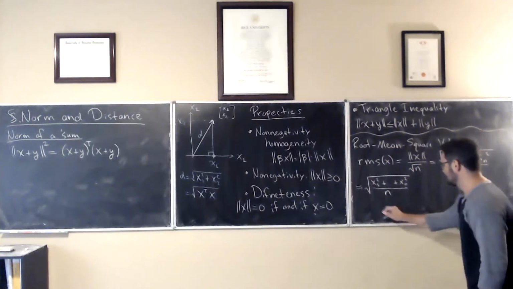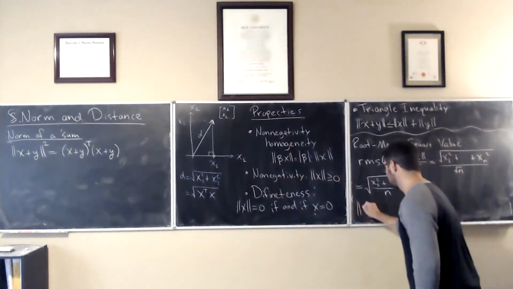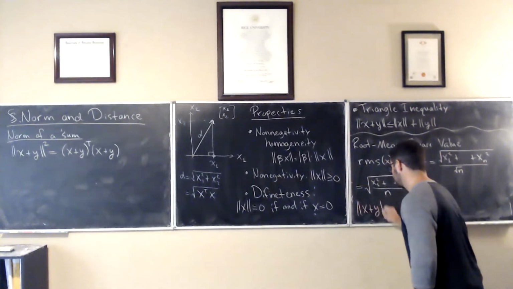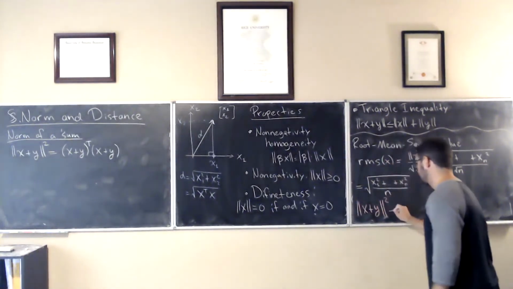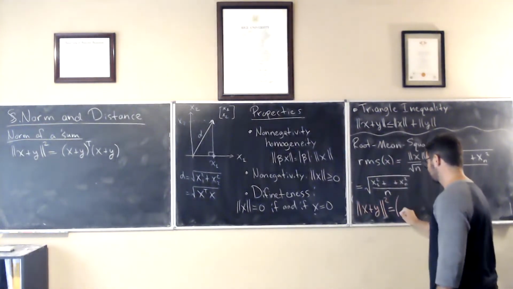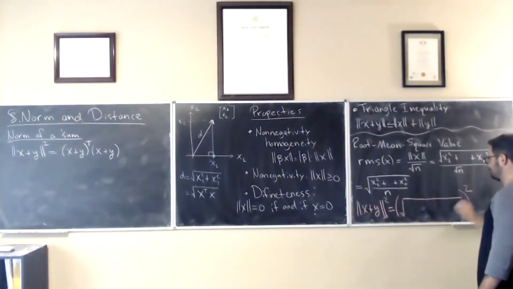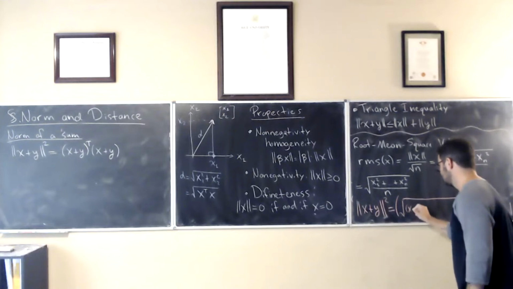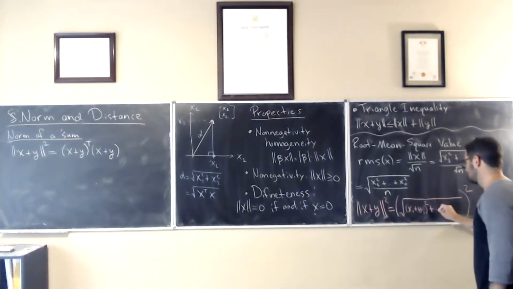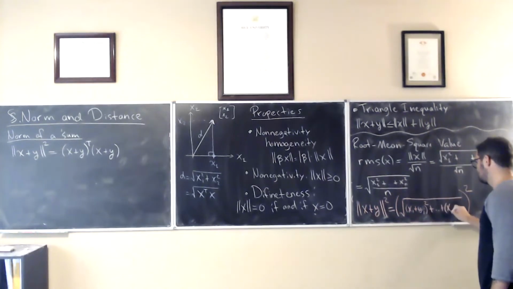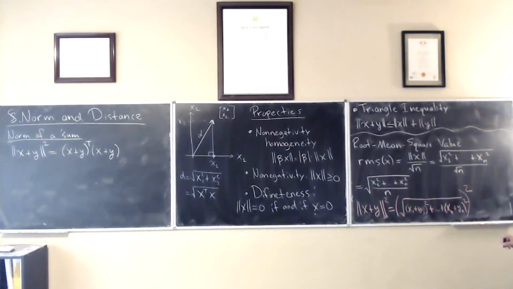So this is the square root of what? x1 plus y1 squared plus ... plus xn plus yn all squared.